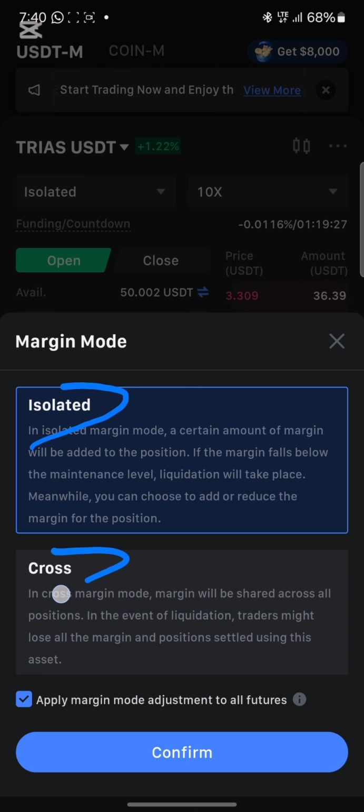Let me explain what this means. Isolated margin means that you are entering a trade with only your margin. If you are losing, you lose your margin. If you are profiting, you are profiting based on your margin.